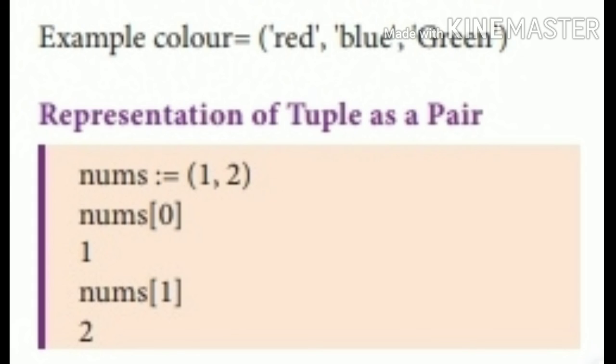Okay, here an example, color equal to red, blue, green. In the same way as a list, here also we access the values through the index value. Okay, here assign the values nums equal to 1 comma 2. So nums of 0, the value is 1, nums of 1, the value is 2.